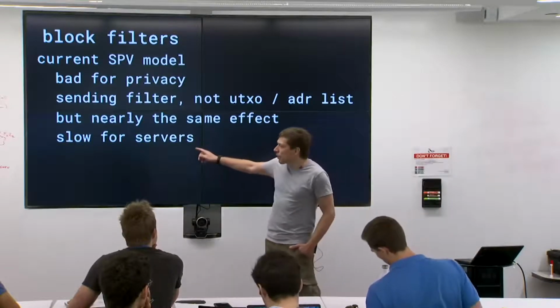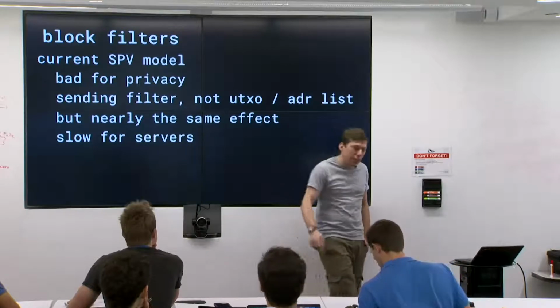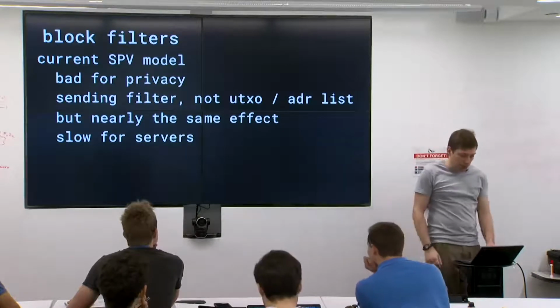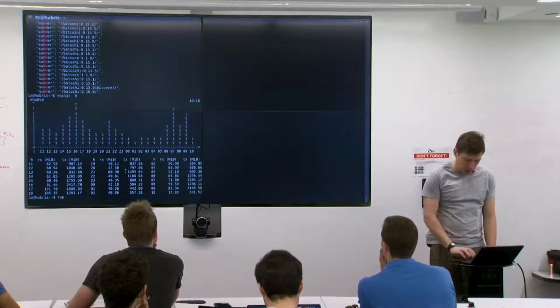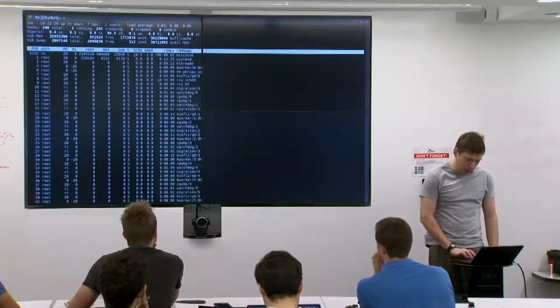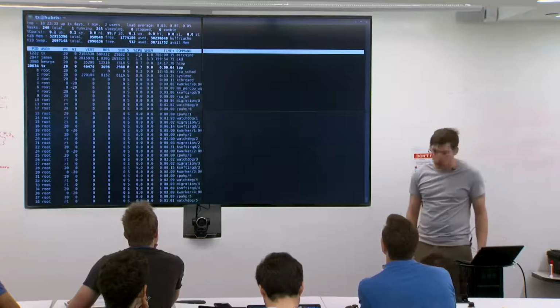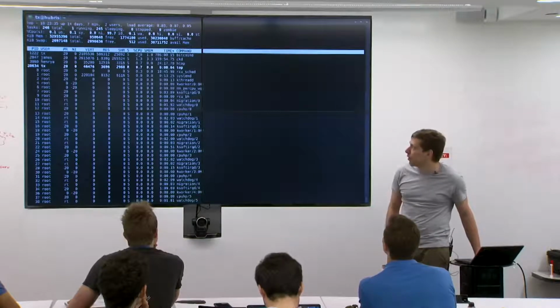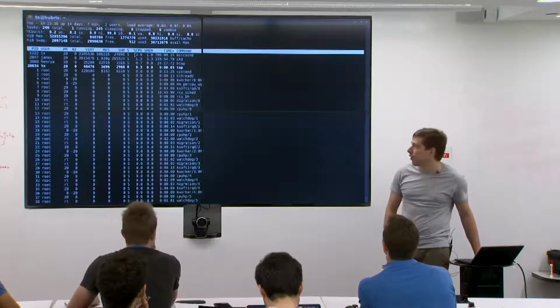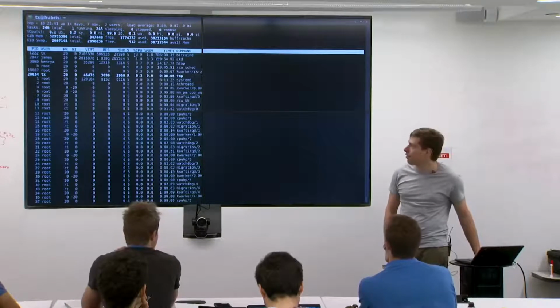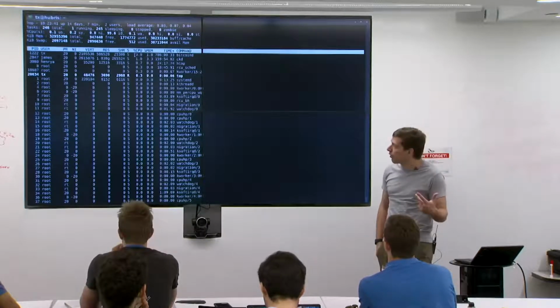And a lot of SPV clients doing filter loads can slow down your server. It can take CPU time. Right now it's 6%, 2%. It's pretty low CPU usage generally for Bitcoin, even with however many that was, 30 or 40 other nodes connecting and downloading stuff.